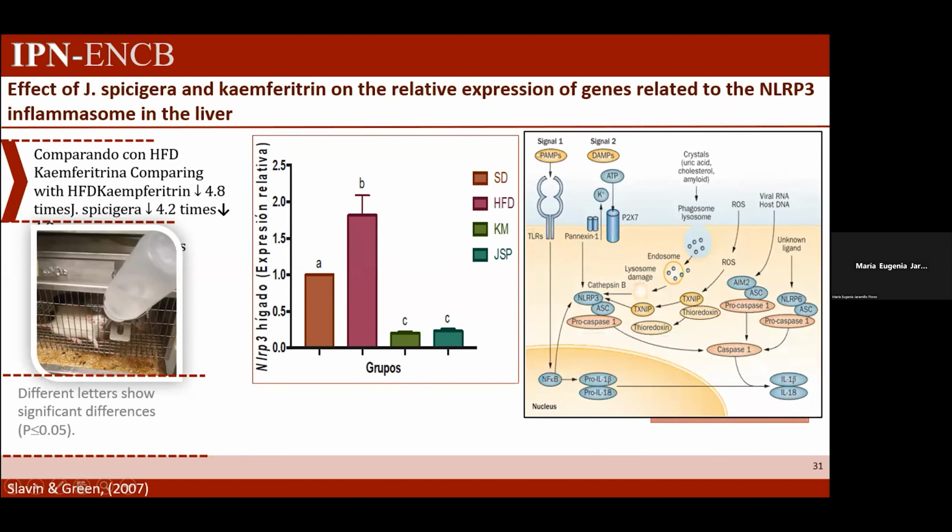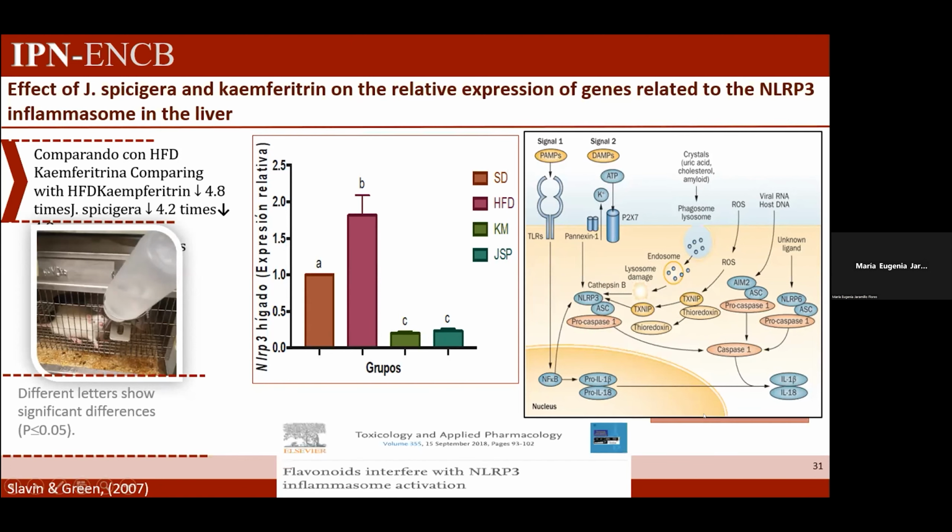This is the signaling pathway when we use a high-fat diet, and in some way kaempferitrin and Justicia spicigera inhibit the formation of the complex of proteins that induce the pro-inflammatory proteins.